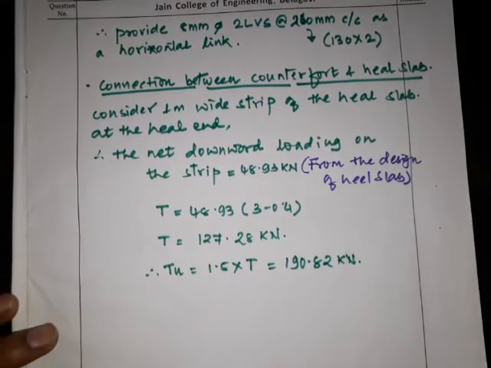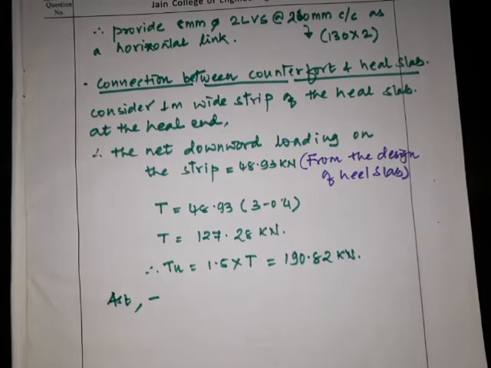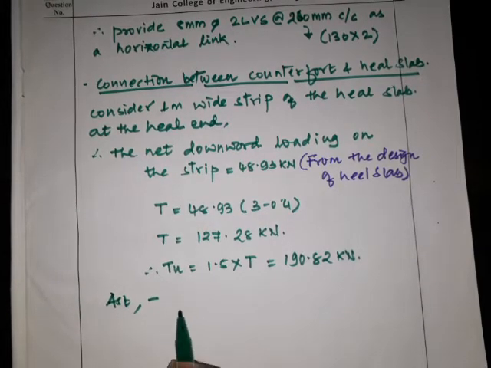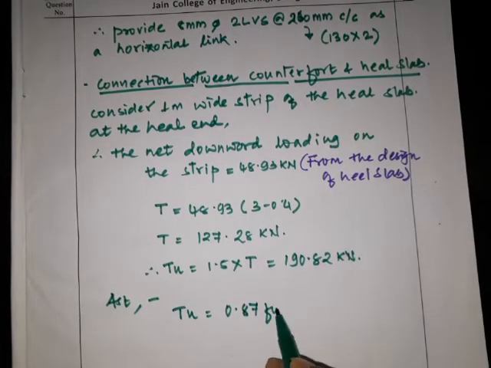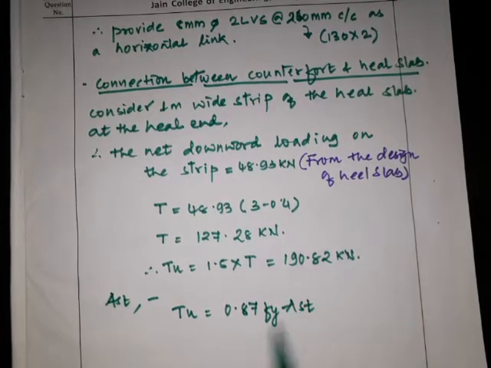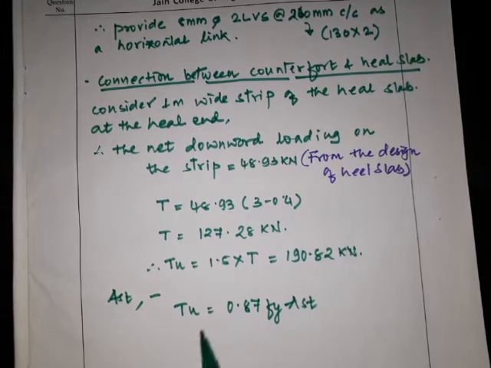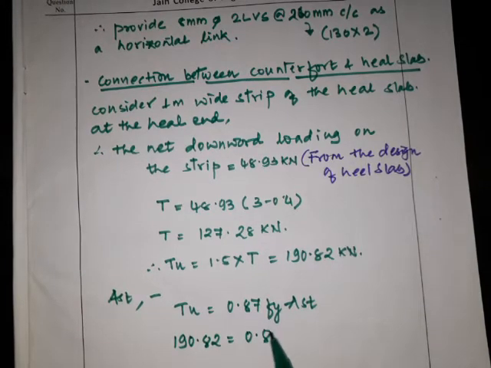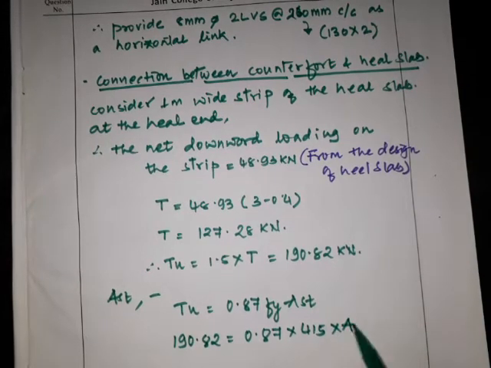So again we have to find out AST by equating TU equal to 0.87 Fy AST. So TU is 190.82 is equal to again 0.87, Fy is 415, into AST.